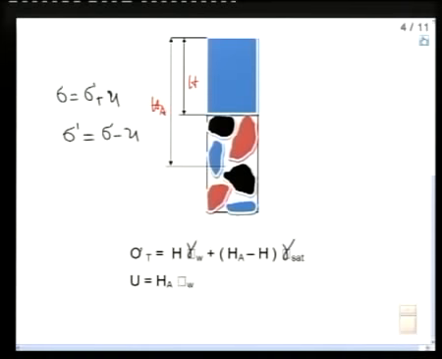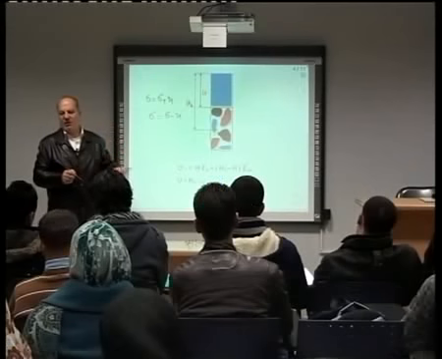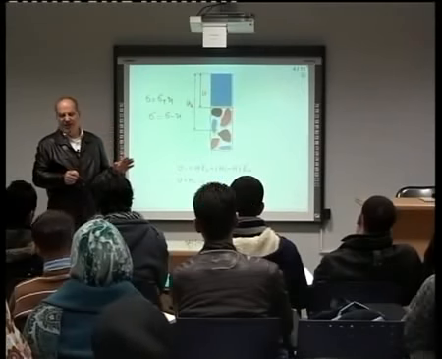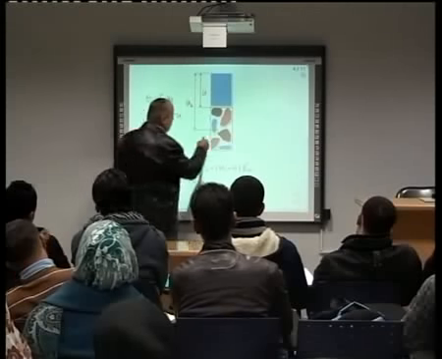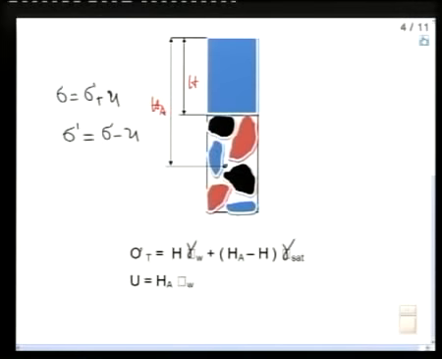Whether there is soil or no soil, I don't care. It's the height of the water above that point. How much is the water above this point? HA. HA multiplied by gamma water.